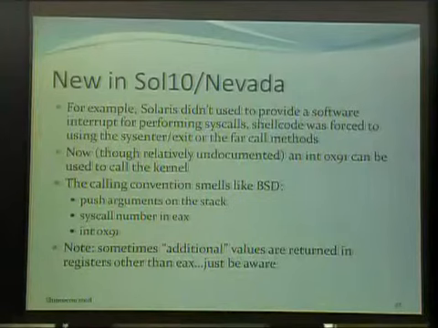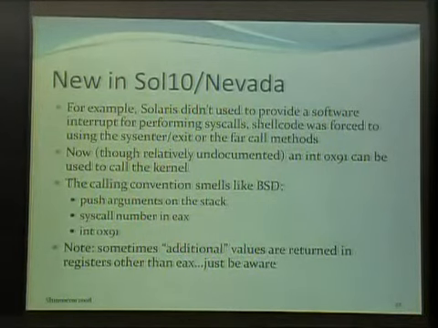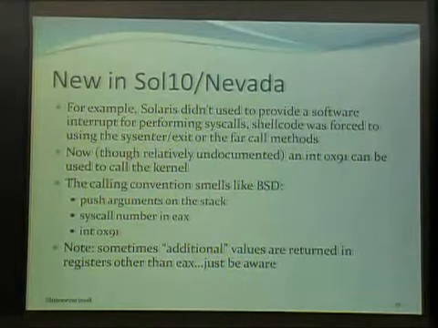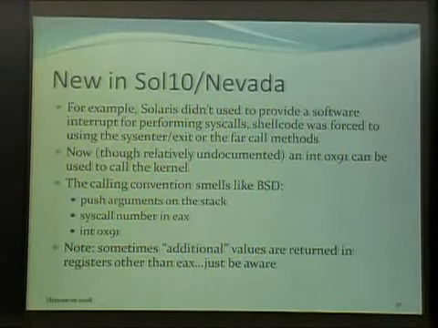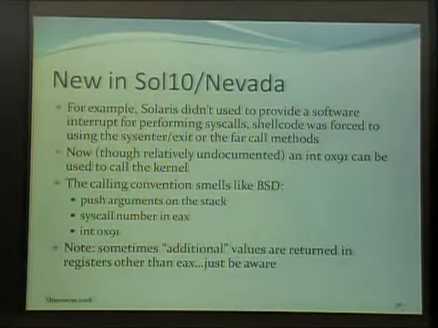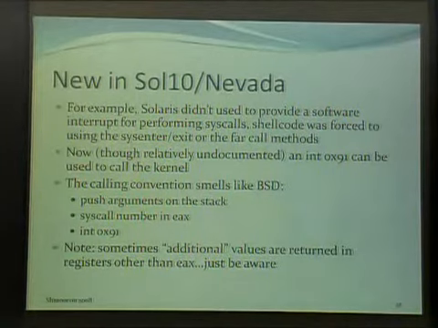So for example, Solaris didn't used to provide an interrupt for performing syscalls. So shellcode and everything else is forced to use sysenter, sysexit, or the farcall method. So you have to do one of these more constructive methods. Now, it's relatively undocumented, but there's an interrupt 0x91. So it's not int 0x80, but it's the same thing, right? It's just an interrupt that's a vector into the IDT.